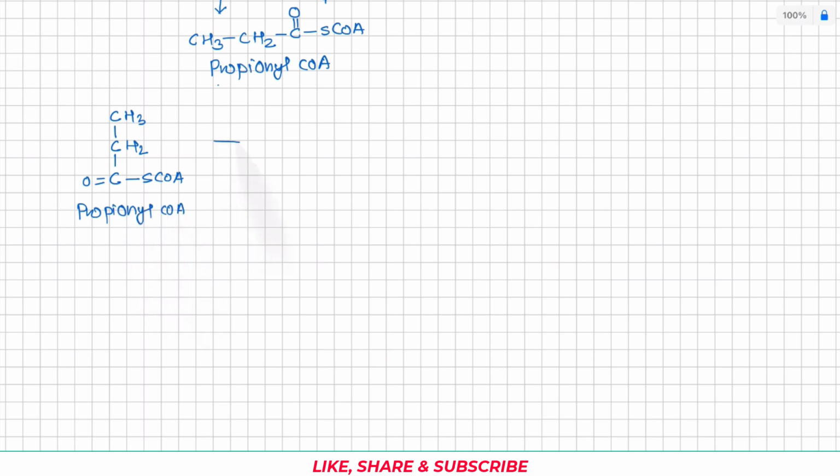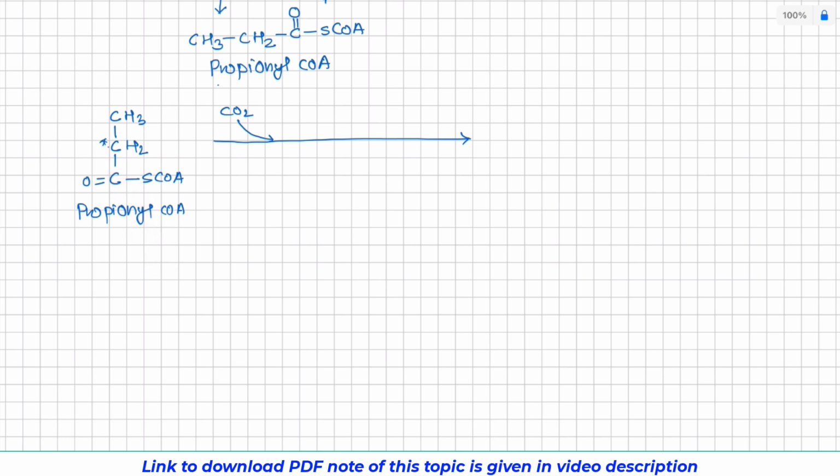Now in the first reaction, what happens? Carbon dioxide is added to this propionyl coenzyme A. As carbon dioxide is being added, we call it a carboxylation reaction. Now where is this carbon dioxide inserted into this compound? It is inserted on the second carbon. So how does this compound look? Here also it is 3 carbons.